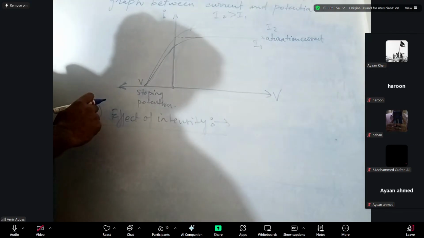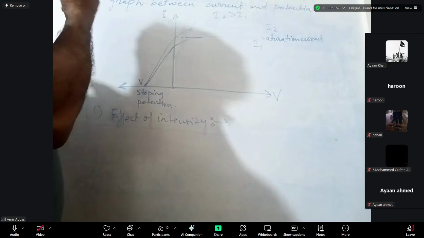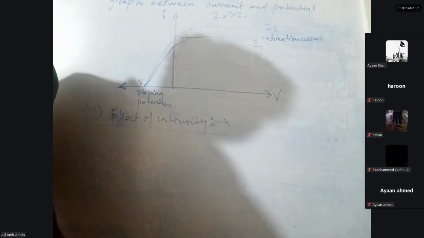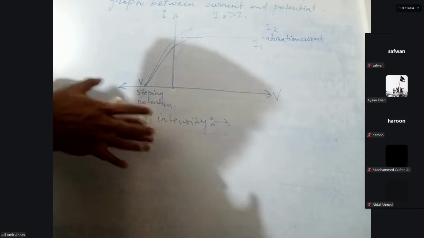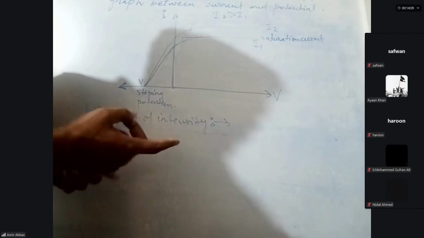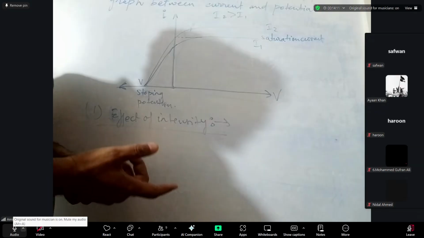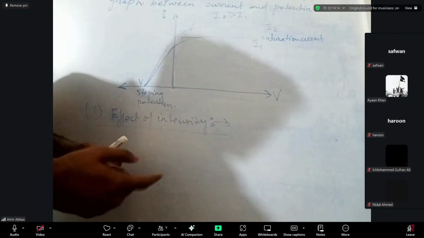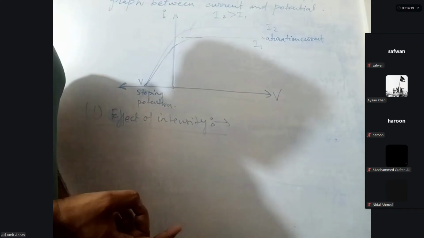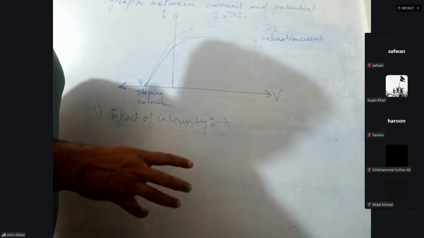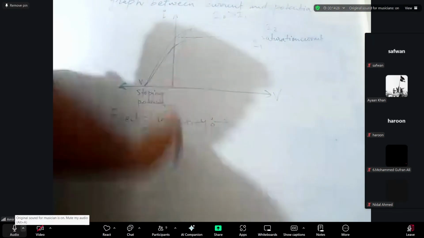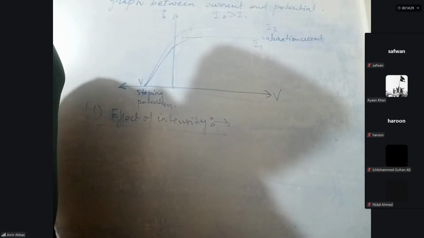Why is the stopping potential the same? Because it is just increasing the number of electrons, not the energy related to the electrons. On increasing the intensity, the number of photons increases, not the energy of the photon. If the energy of the photon increases, the electrons gain that much energy and their kinetic energy increases, so they can easily get over to the anode.